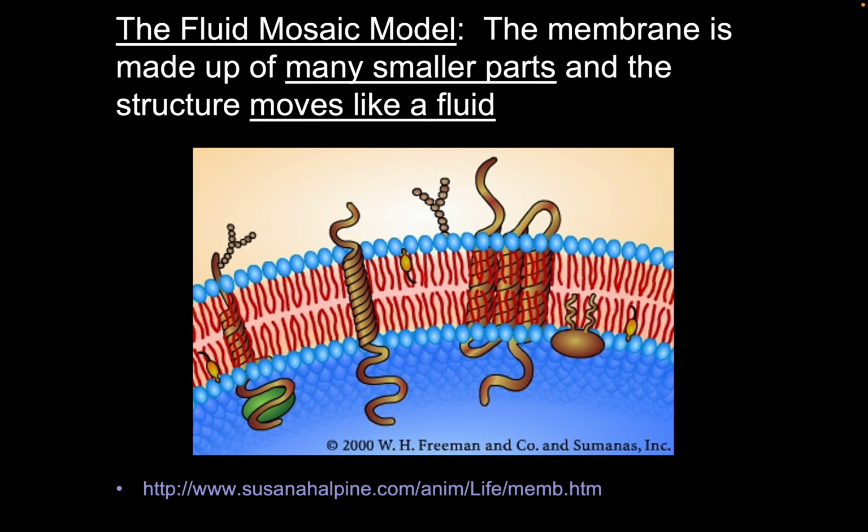It is called fluid because these pieces can shift and change position, making the membrane flexible. So you can think of the cell membrane as a flexible structure made up of small parts that can move around, like tiles in a mosaic floating in a liquid.